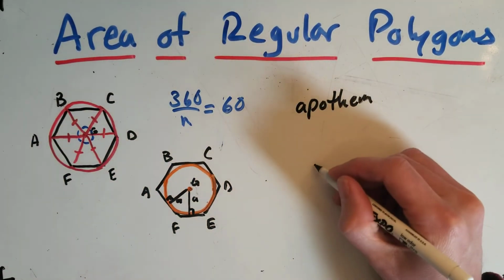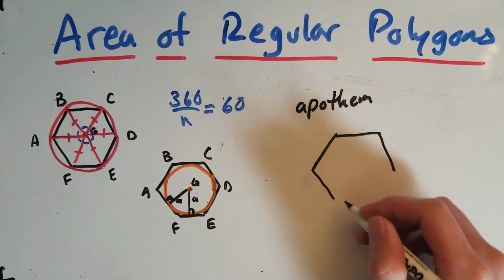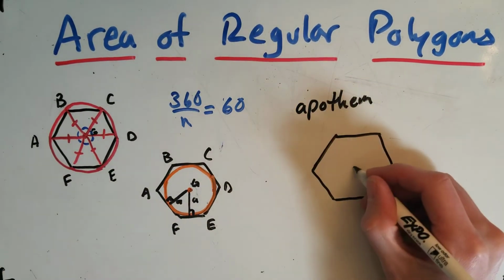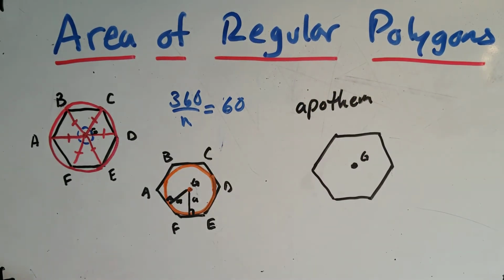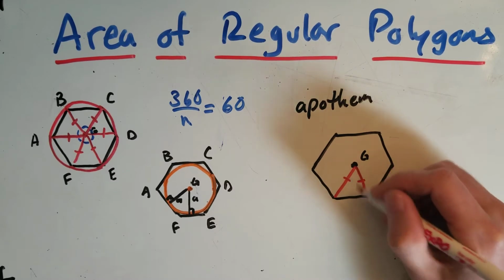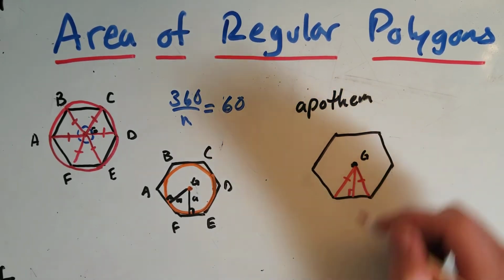Now, let's go ahead and try to redraw. And we'll see some other things that we know about regular polygons. So I'll just stick with my point G. When you draw those radii in, you create an isosceles triangle. The apothem here is going to break that triangle.